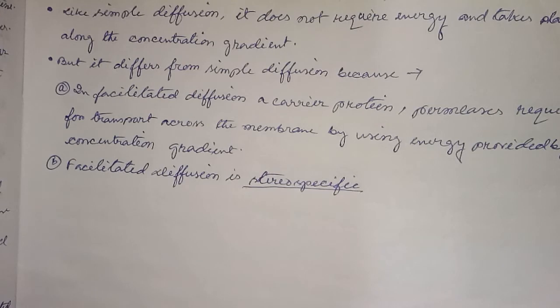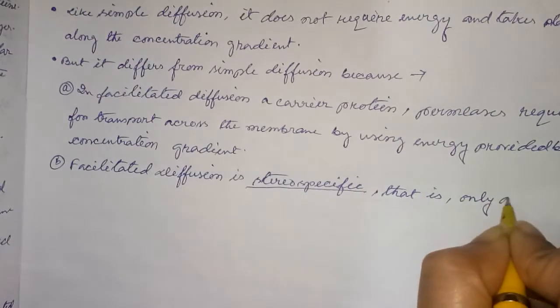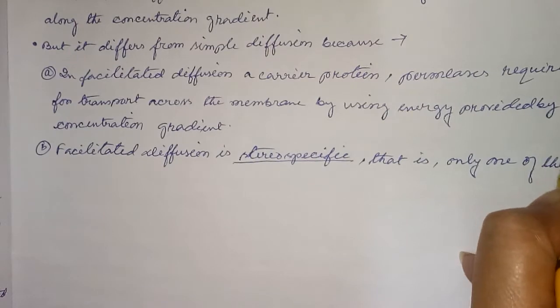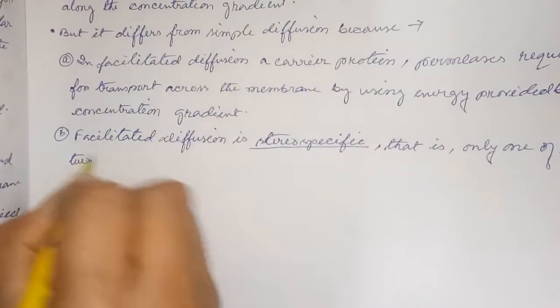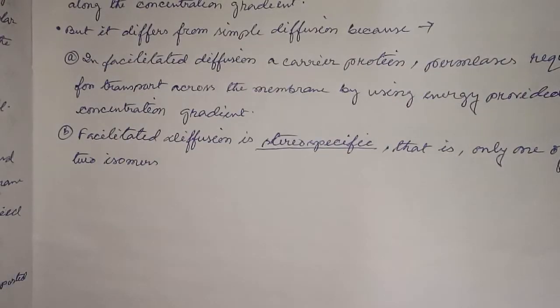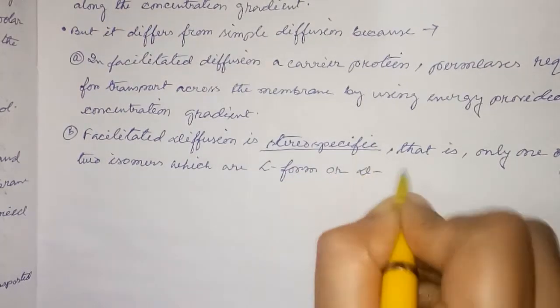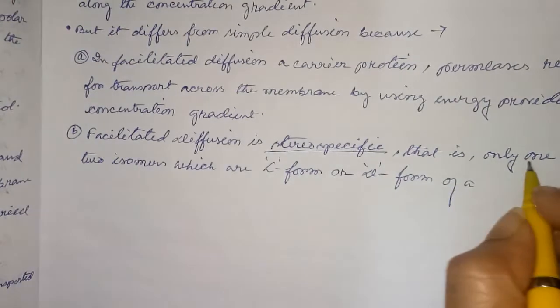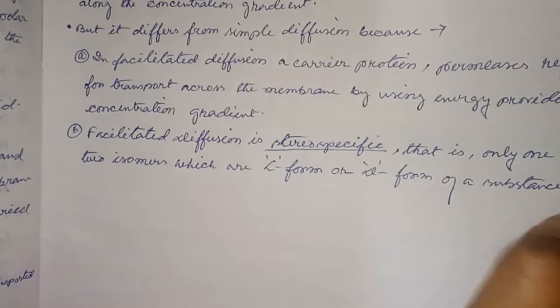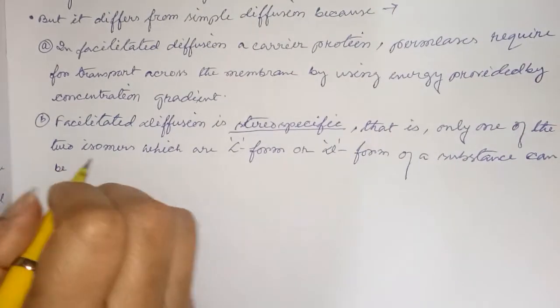That is, only one of the two isomers, which are the L form or D form, of a substance can be transported.